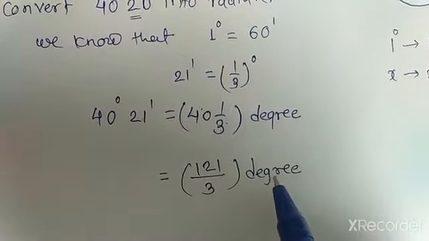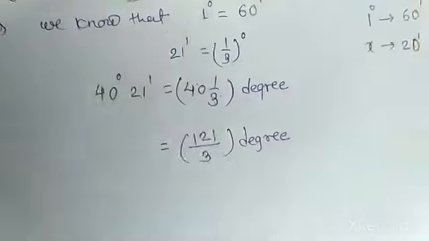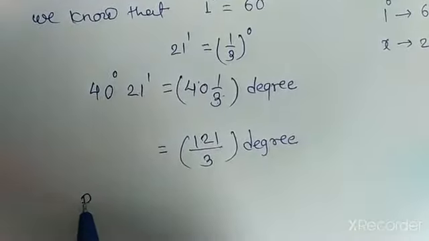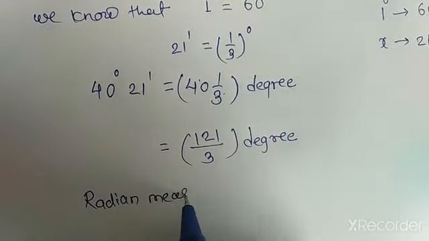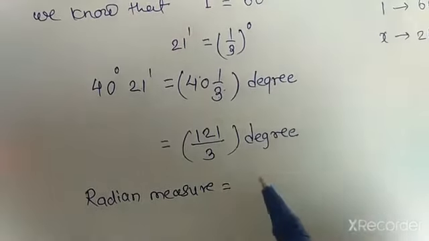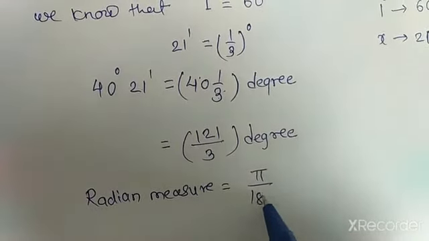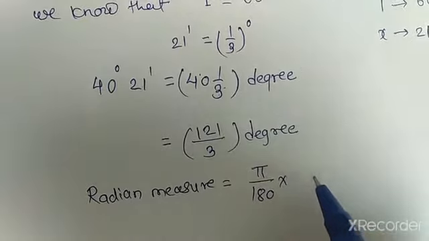Now we have to convert into radian. We know the formula for conversion of degree into radian: radian measure is equal to pi upon 180 into degree measure.